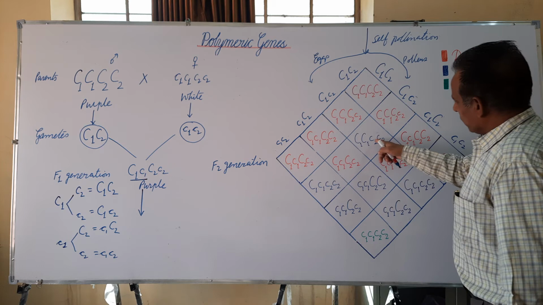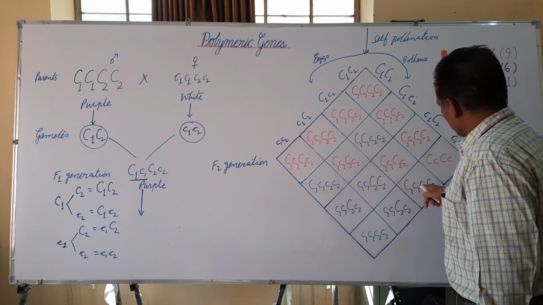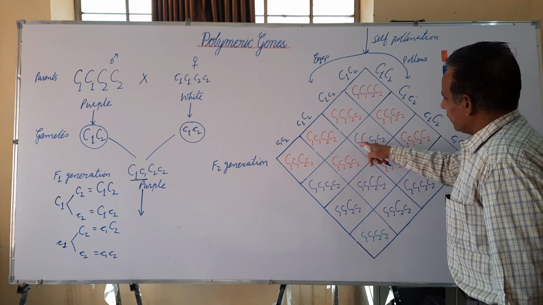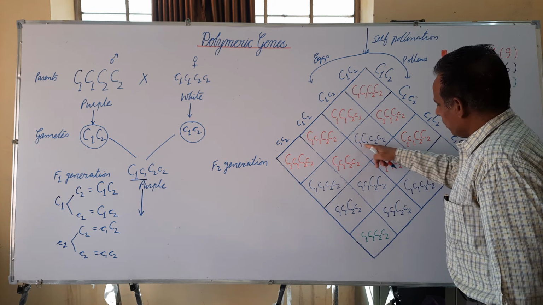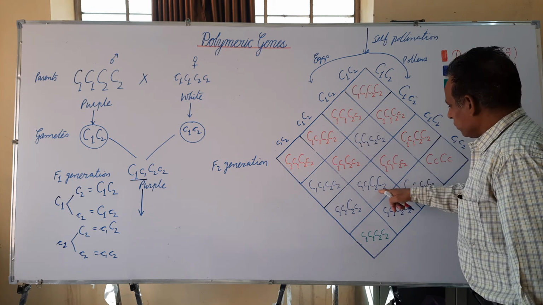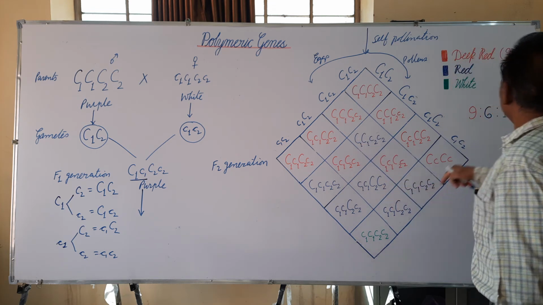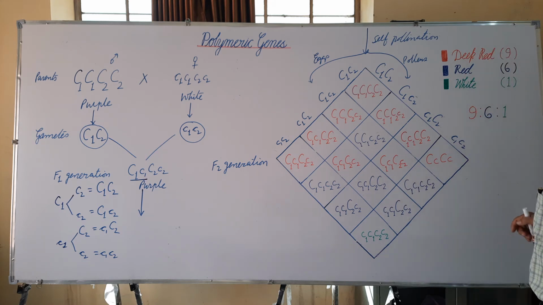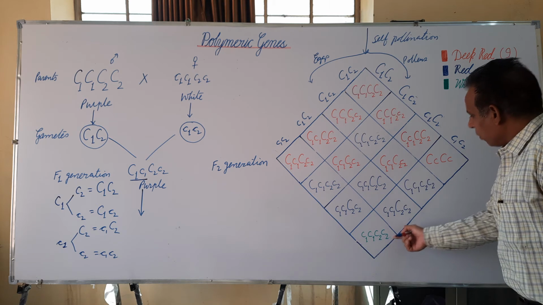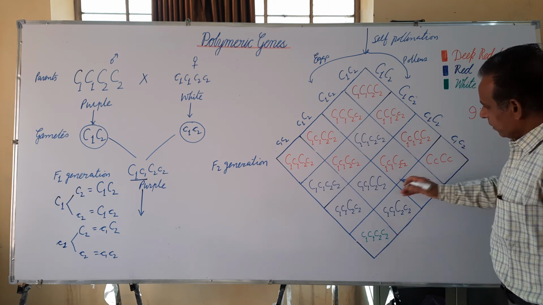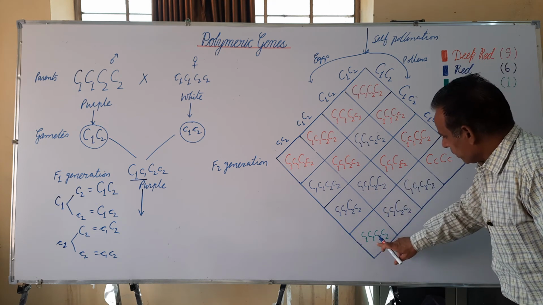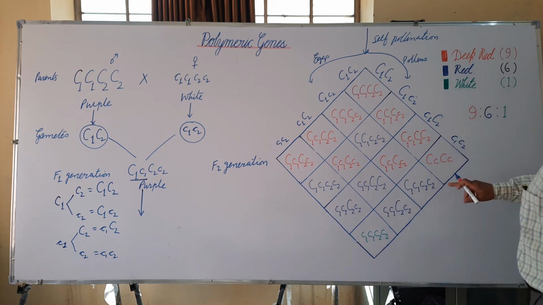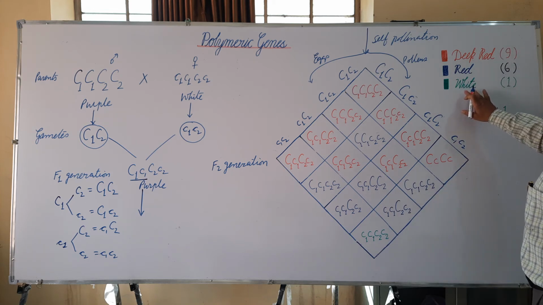In 6 out of the 16, either dominant C1 or dominant C2 is present. They constitute the red color of the pericarp. And in 1 out of the 16, both genes are in recessive condition, so it causes white pericarp.